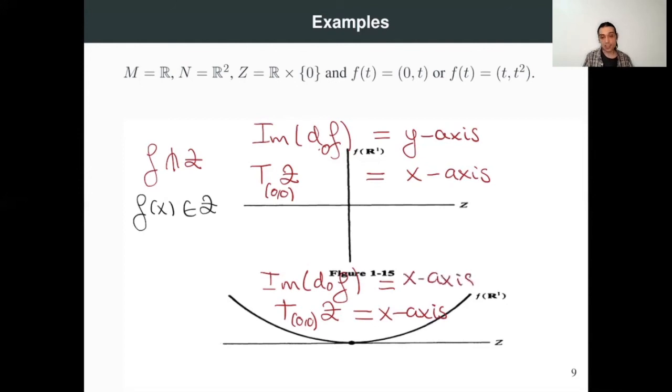And so the sum of these two linear subspaces is the x-axis, which is not R2. So we are in a situation in which there is no transversality. And this corresponds intuitively with the notion that we have of a transversal intersection of two curves.